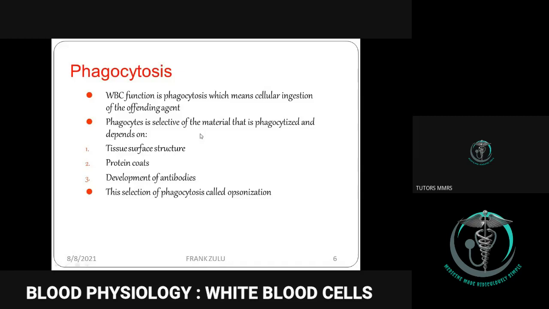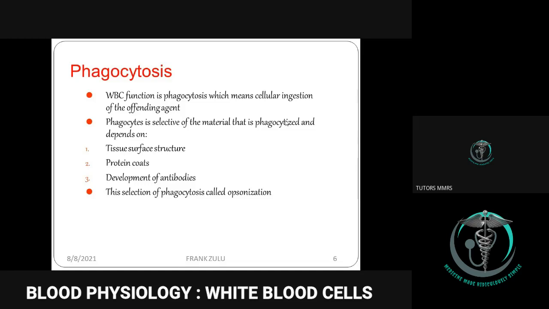Phagocytosis is selective for the material that is phagocytosed. So what do we mean here? Most of the phagocytes are only able to identify specific types of bacteria or microorganisms. Also, the granules present in the cells only destroy certain microorganisms and bacteria.